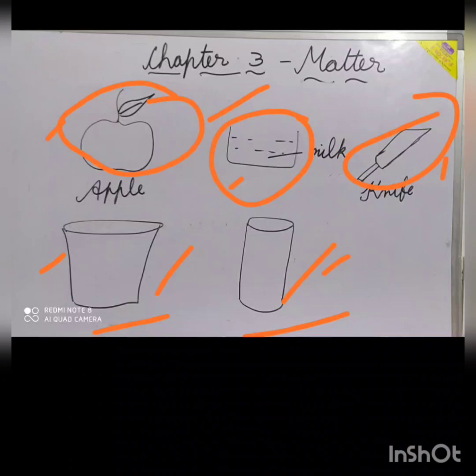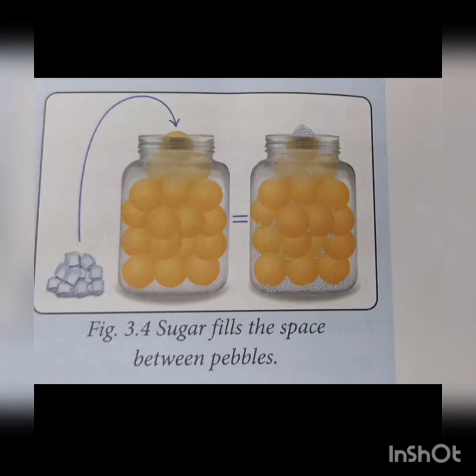So the conclusion is that solids have a definite shape while liquids do not. Solids can only change their shape when they are cut or broken, while liquids change their shape according to the shape of the container.